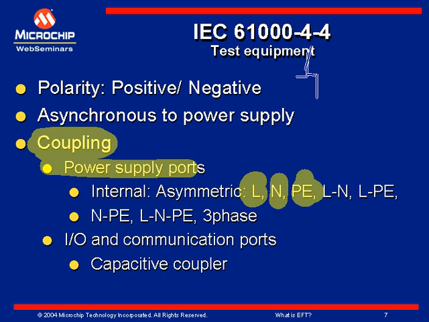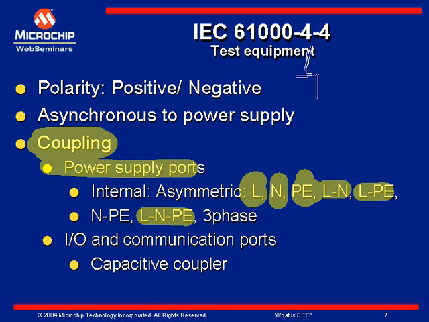So you may have a common mode noise between line and neutral, or line and earth, or across line, neutral, and power earth. There are lots of coupling modes, and you need to check all the modes, because in the real world you cannot guarantee that you will have only a certain kind of noise or transients.